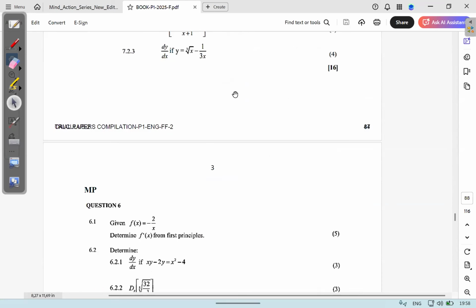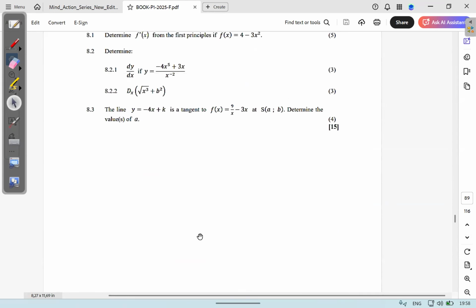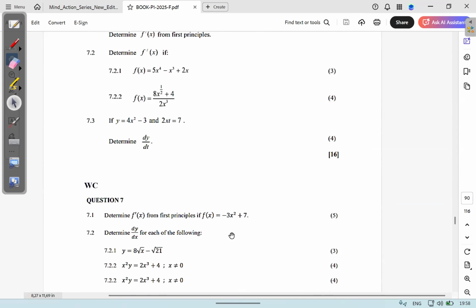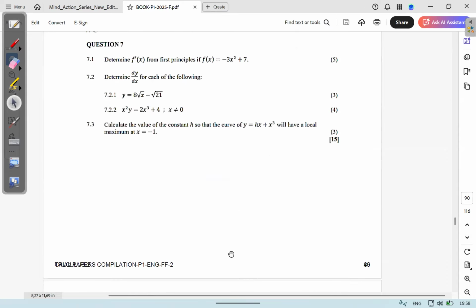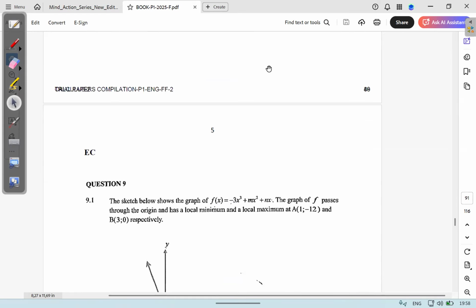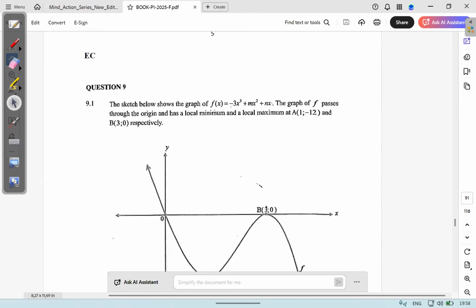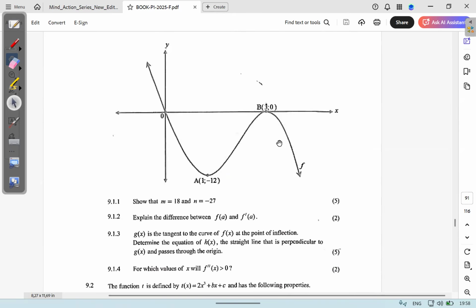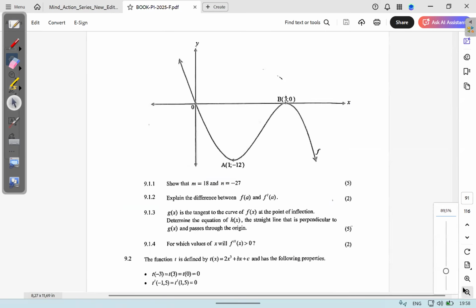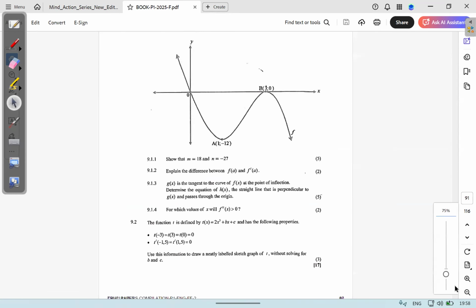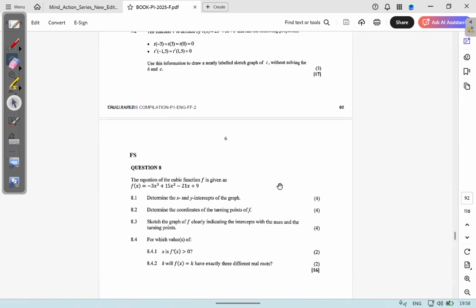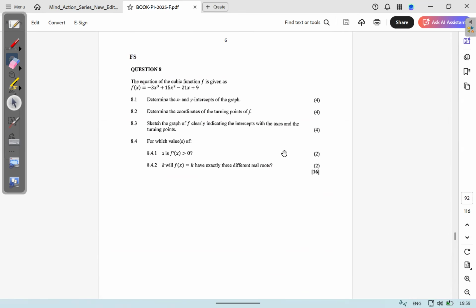These are the things you should be able to do by now. This is just generic stuff. See here you are being told about local maximum, local minimum. This is a nice question, actually.